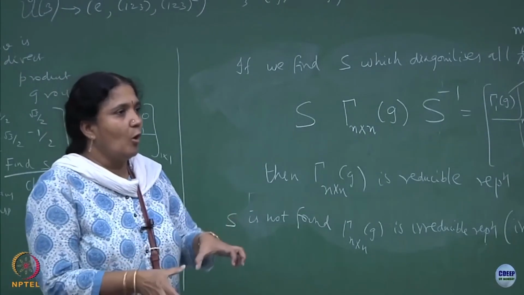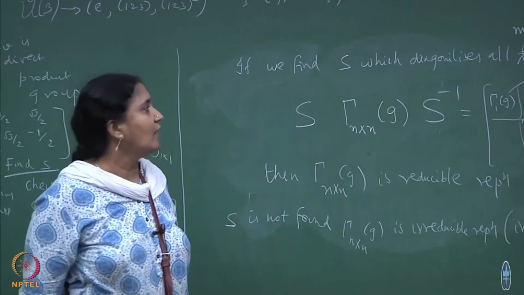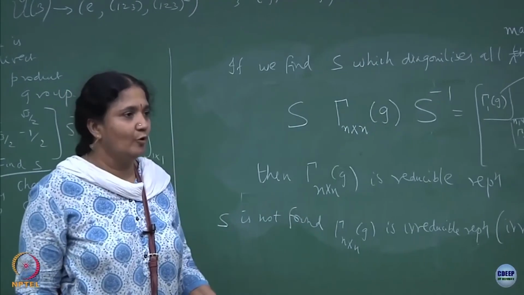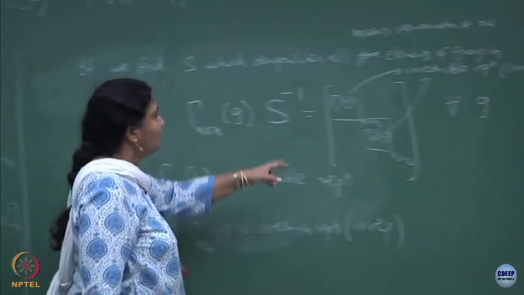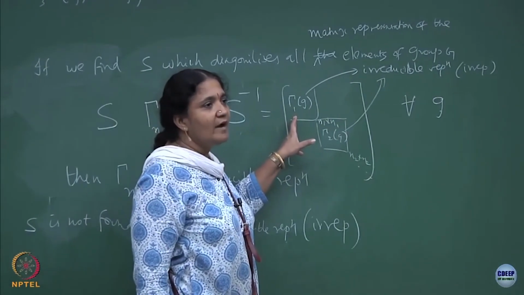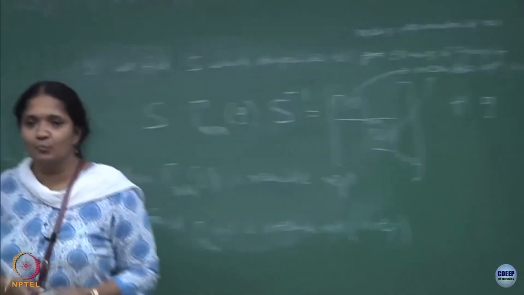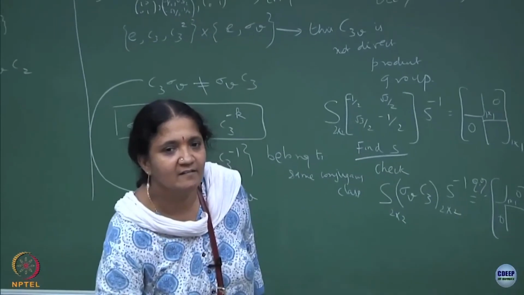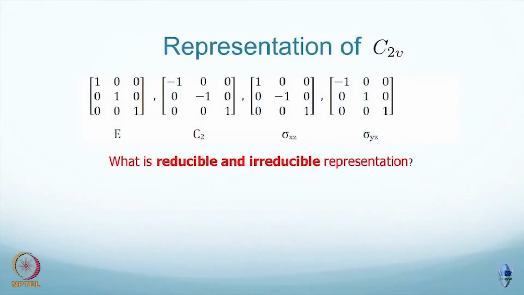Each of these block diagonals are called the irreducible representation for the same group. What I mean by that is that you can play around with gamma 1 of G alone and write the group. That is what happens in C2V. In C2V, I can say that 1, minus 1, 1 and minus 1.